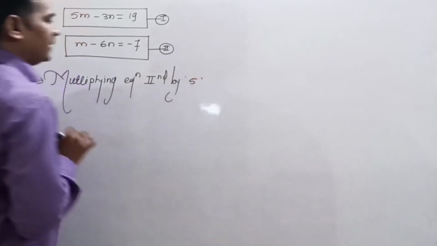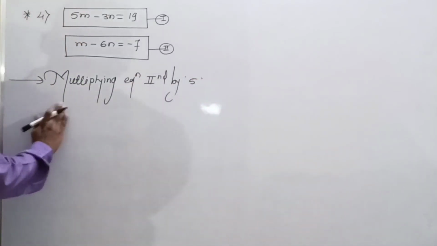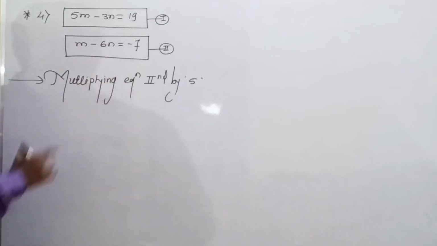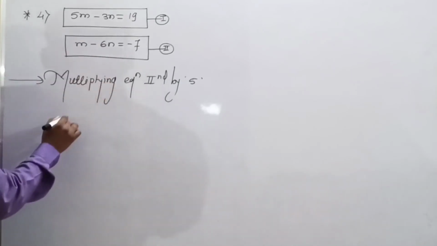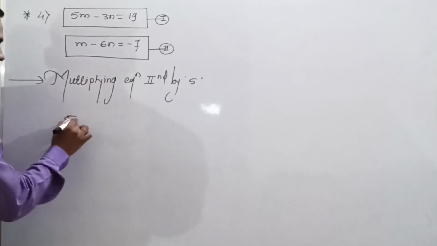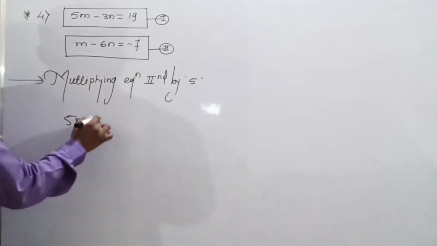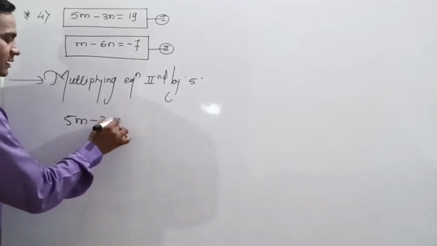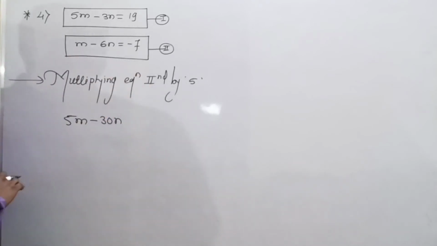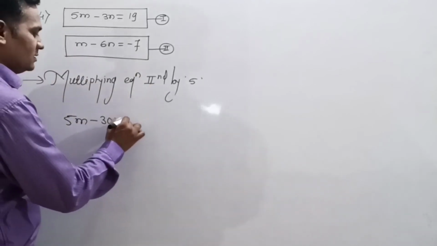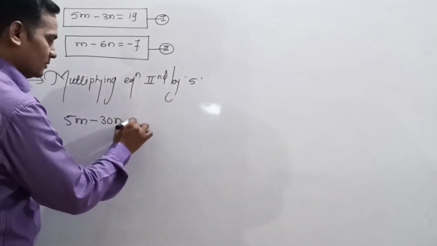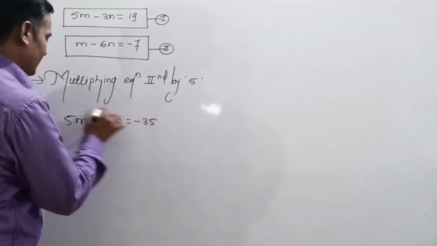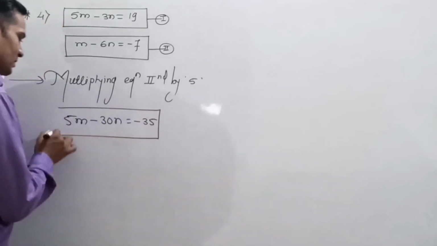Okay, so let's multiply that equation number second by 5. So m into 5, that is 5m minus 30n, 6 fives are 30, is equal to 7 fives are 35. So this is equation number third.